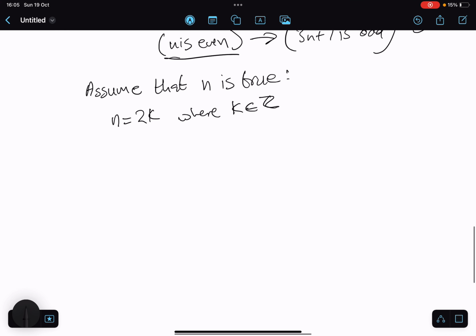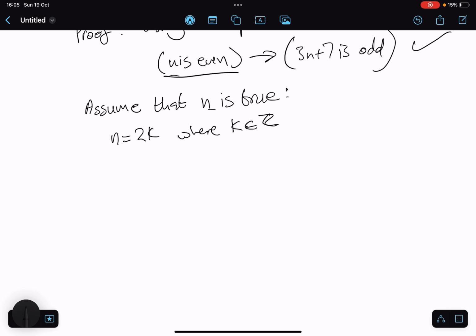Sorry, I said true, I meant that we've assumed that n is even. If n is even, then that implies 3n plus 7 is odd. So we need to prove that if n is even, 3n plus 7 is odd.